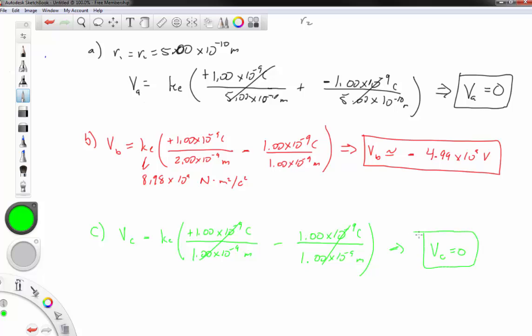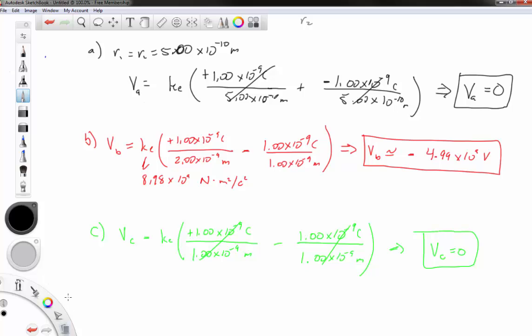The implication of this is that any point which exists an equal distance between the two charges should have a potential of 0.